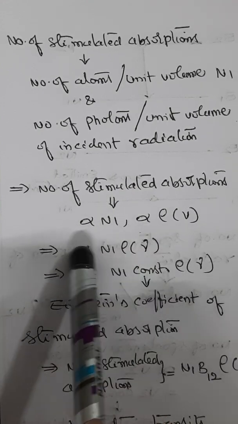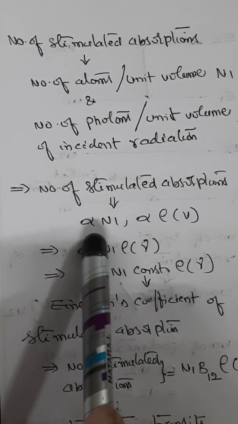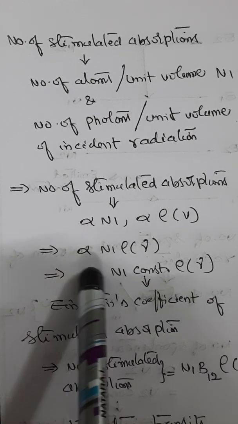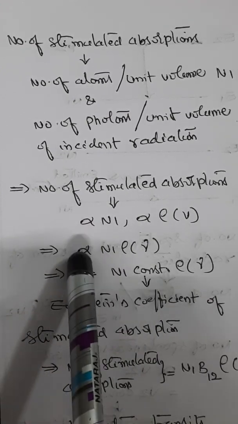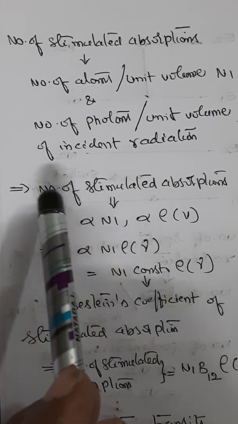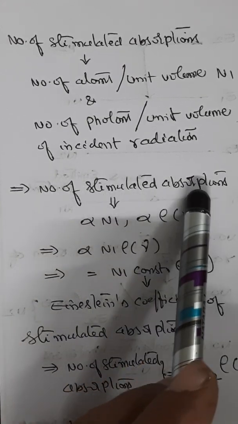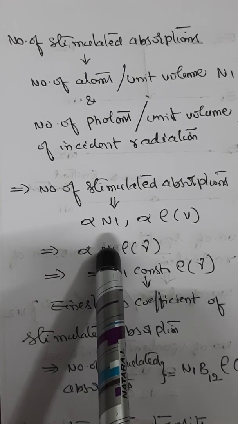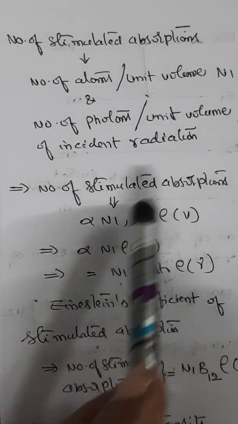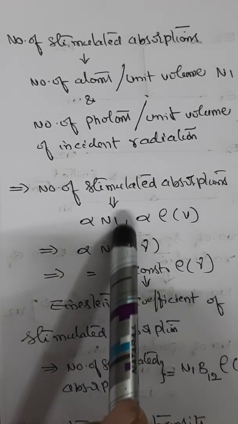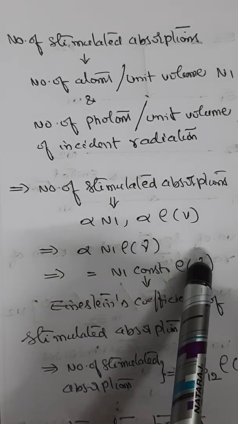So mathematically, whenever you replace the proportionality sign, you get an equation with an equality followed by a constant. So the number of stimulated absorptions, directly proportional to N1 into rho nu, is written as the number of stimulated absorptions equal to N1 into some constant into rho nu.